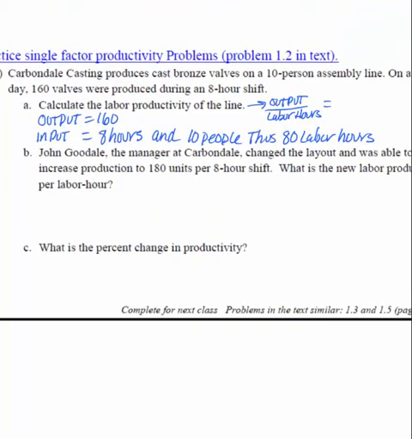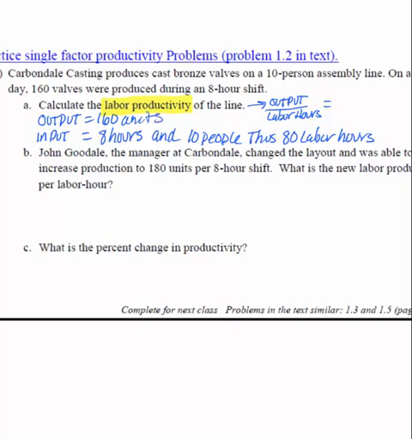So when we read this problem, one of the things we want to notice is that they're asking us to compute the labor productivity for the line. So that's important, because that means that we need to have labor hours in the denominator. So we want output divided by labor hours, which is what you see I have written over here. So our output is 160 valves or units, and our input's going to be 8 hours of labor and 10 people.